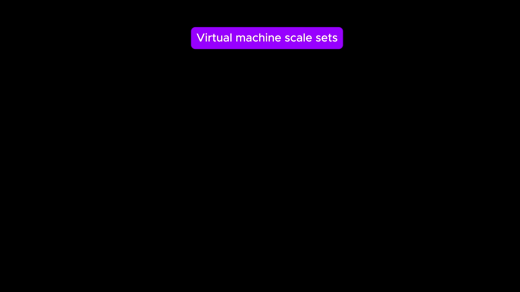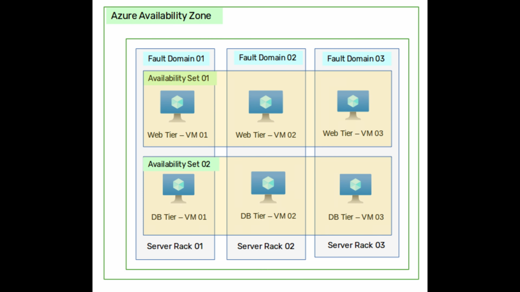Okay, second is the virtual machine availability set. An availability set is another tool to help you build a more resilient, highly available environment. Availability sets are designed to ensure that VMs stagger updates and have varied power and network connectivity, preventing you from losing all your VMs with a single network or power failure.